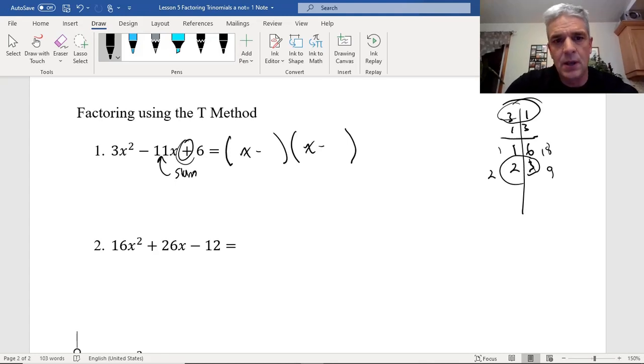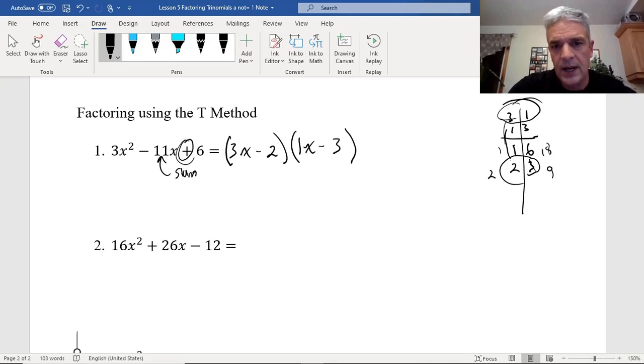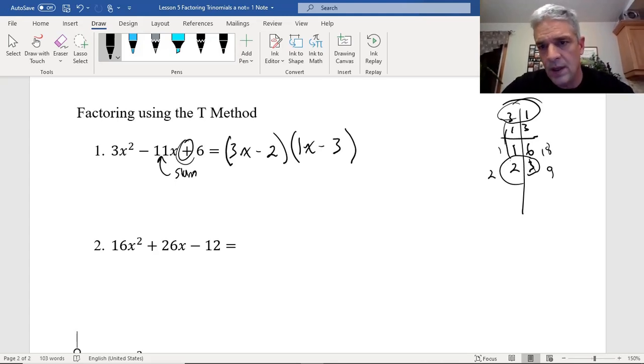So I can plug those numbers in. 3 and 1 go here and here, and the 2 and 3 are attached to these ones. So the 2 goes here and the 3 goes here. It's very important that these belong together. So this becomes your first bracket, and this becomes your second bracket. And there's my answer already done.